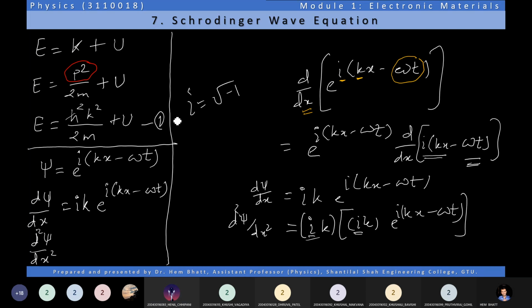Very good. So I will get i square k square e raised to i kx minus omega t. But I will not write i square, I will write -1 instead. Let me write it in a slightly better way.